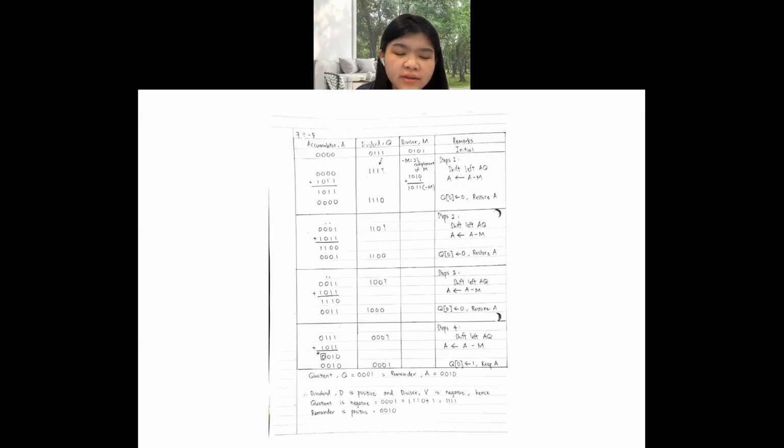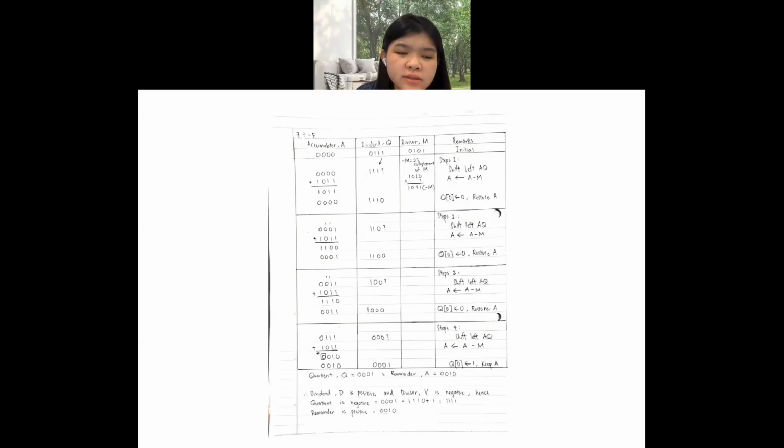Before we do this restoring division algorithm, we need to assume that the dividend and the divisor are positive. Then after that, we find the real value.